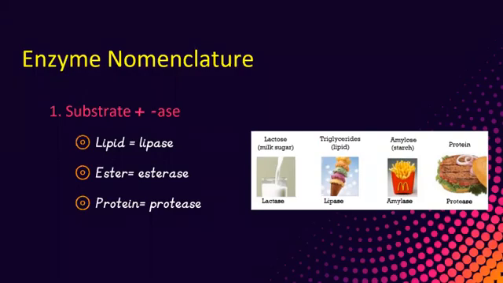For lipid activation, we have lipase, esterase, and for protein, protease. We have illustrations here of where we can get these types of proteins. Protein from food, protease, gives nutrition to our body in order to activate some functions or chemical reactions in our body.